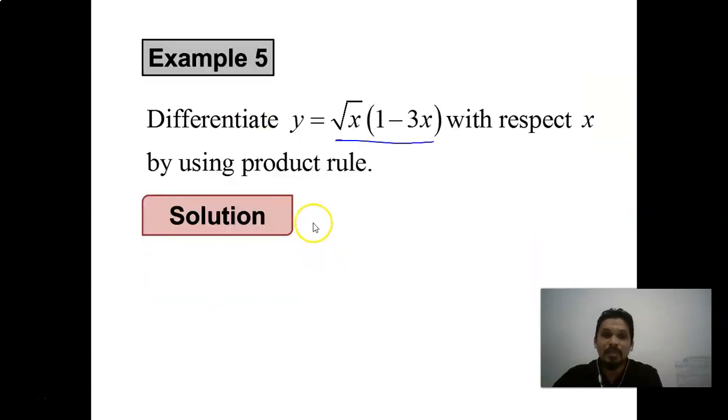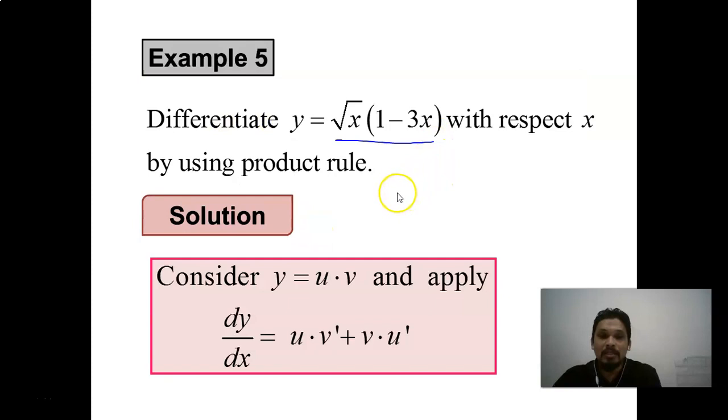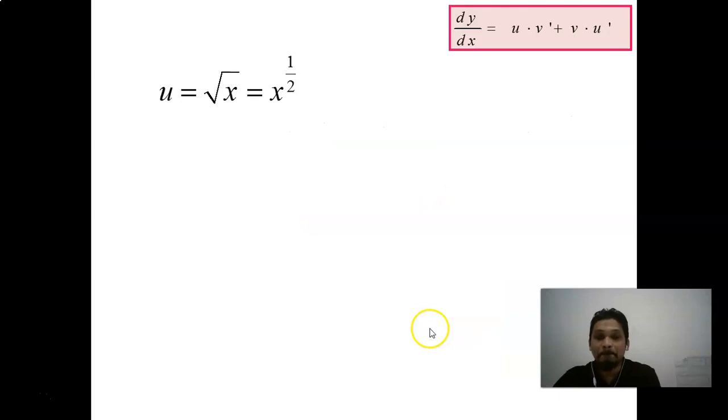And for this one now, let's consider y equals u multiplied with v, where u equals the square root of x and v equals 1 minus 3x. Then we come up with u times v prime plus v times u prime. So u equals the square root of x, or x to the power of half.